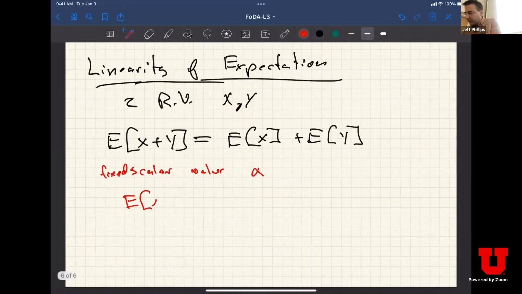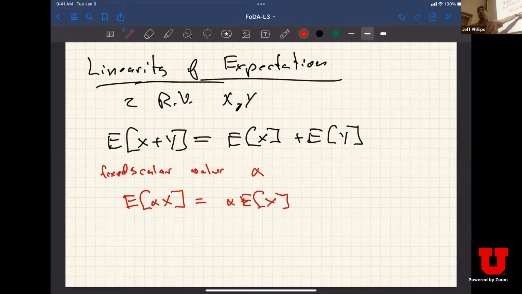I can say the expected value of alpha times x is equal to alpha times the expected value of x. So I can also factor out these combinations. So linearity of expectation means I can decompose it by addition and factor out scalar quantities.